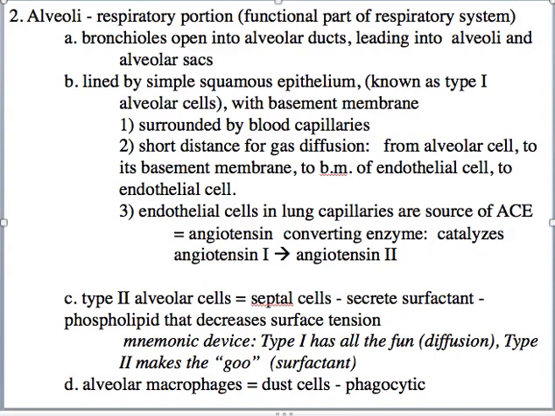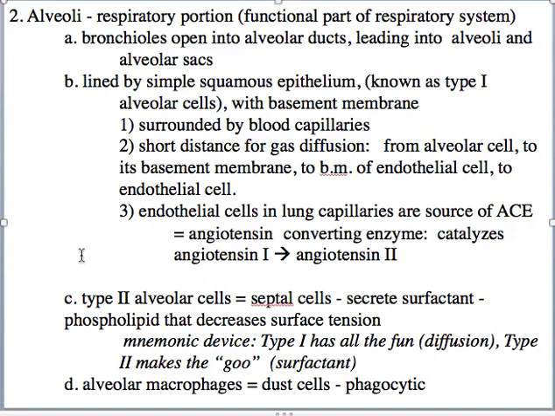That's an essential enzyme in the renin-angiotensin-aldosterone system. So the endothelial cells produce angiotensin converting enzyme.